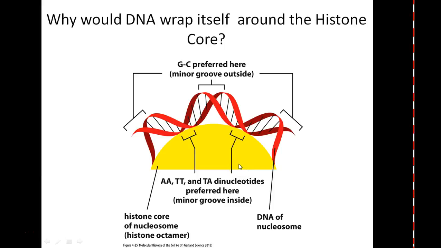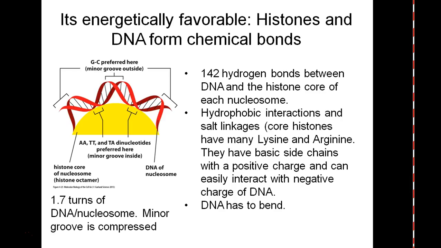So there is an electrostatic interaction between the negatively charged DNA and the positively charged histone. And this is the main force that drives this wrapping phenomenon. And of course, it's energetically favorable. Something that has a negative charge attracts to the positive charge, and this is energetically favorable.